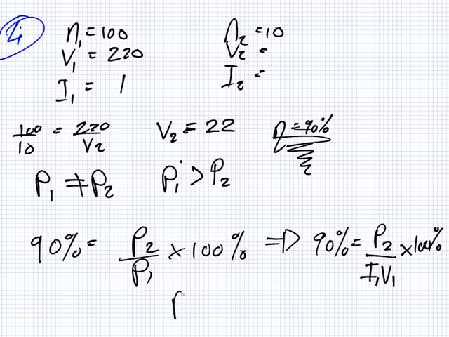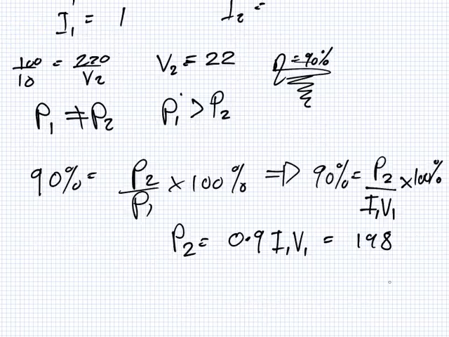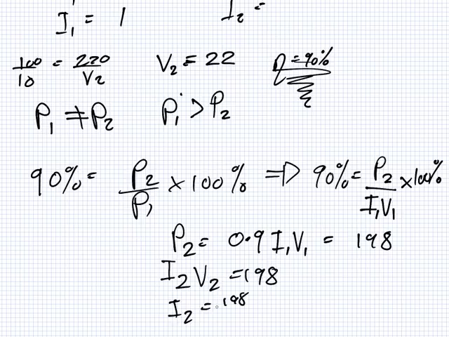So that means power out would equal 0.9 I1 V1, which would be 0.9 times 1 times 220, that's 198. But power is IV, so I2 V2 equals 198. So I2 is 198 over V2, which is 22. So that is 9 amps.